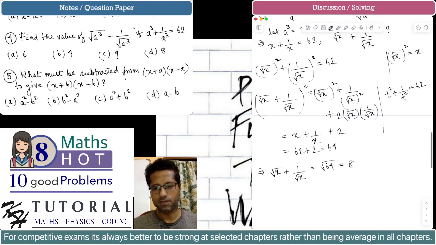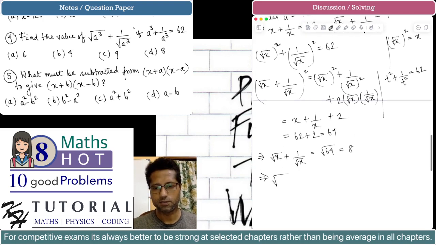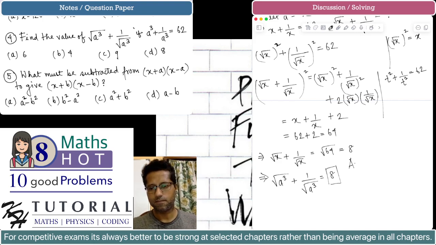Since we have assumed a cube to be x, square root of a cube plus 1 by square root of a cube is equal to 8. So this is what we have been asked to find. So the answer is 8, and hence the correct choice is D.